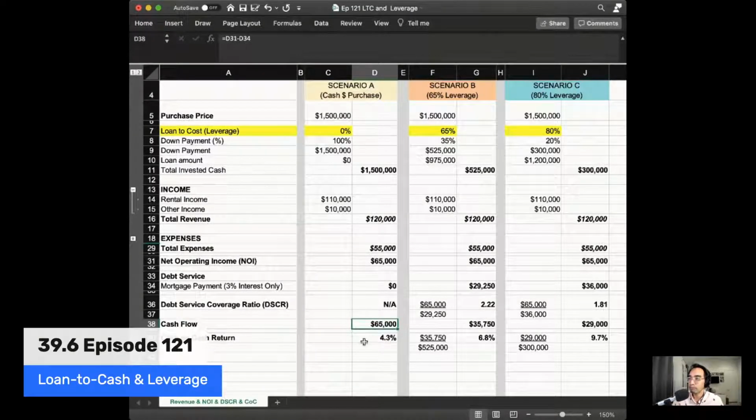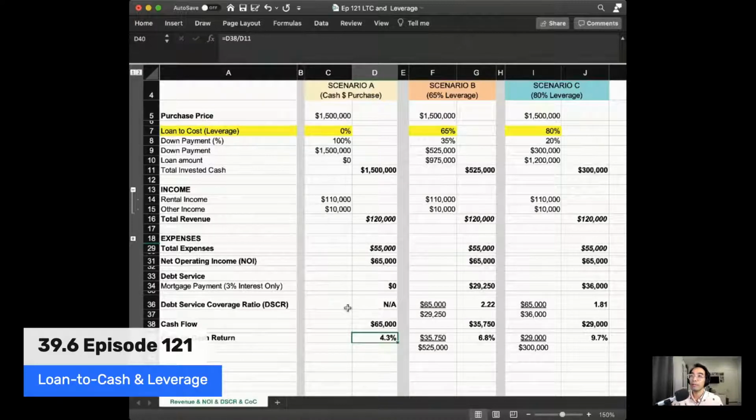The cash on cash return would therefore be that cash flow of $65,000 divided by the original amount of cash invested. So $65,000 divided by $1.5 million gives you 4.3%. That 4.3% is your cash on cash return for the property without having a loan.